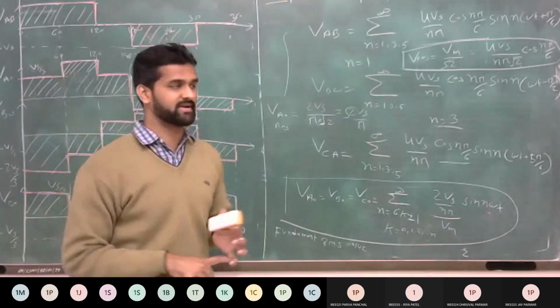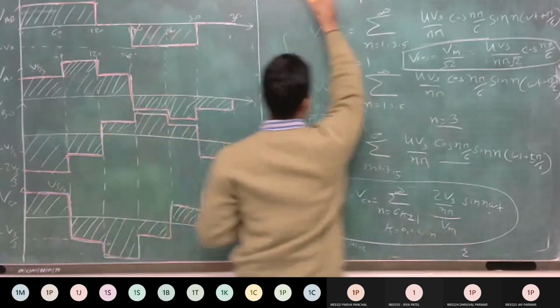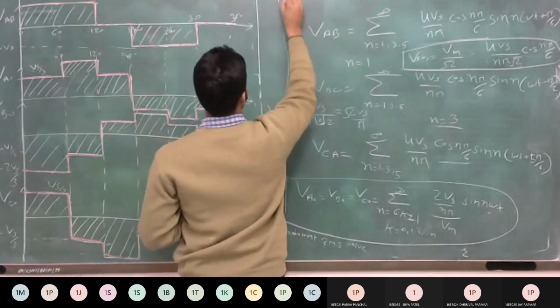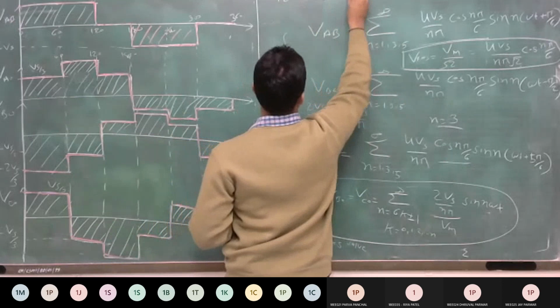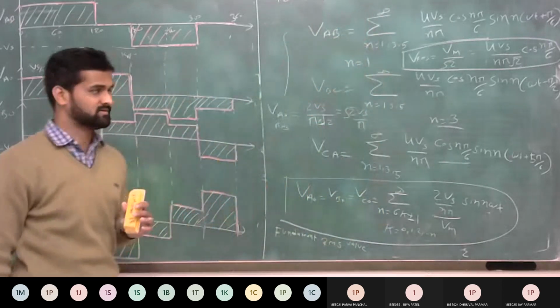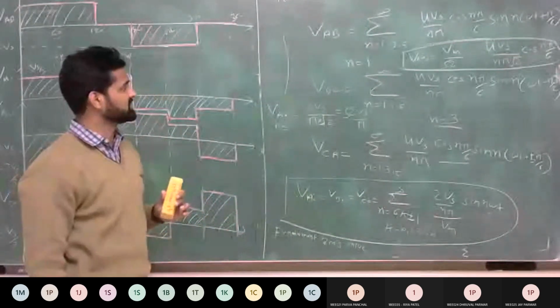Write down 120-degree mode of VSI. This is the second type of three-phase inverter. Why is this name given?